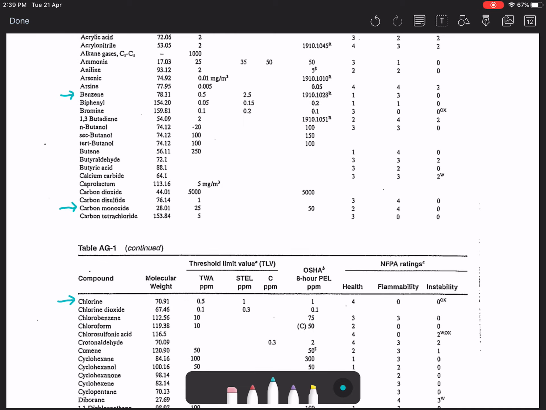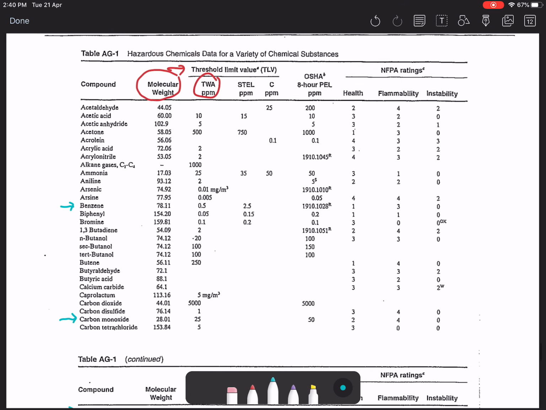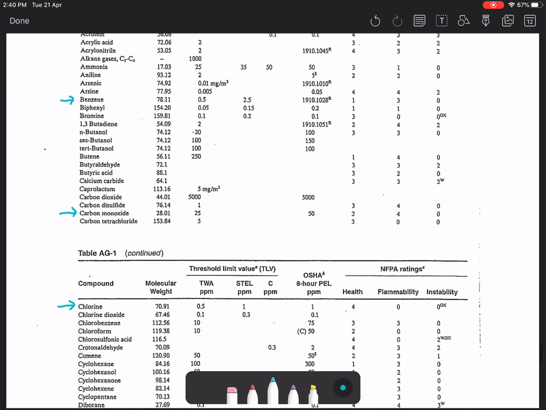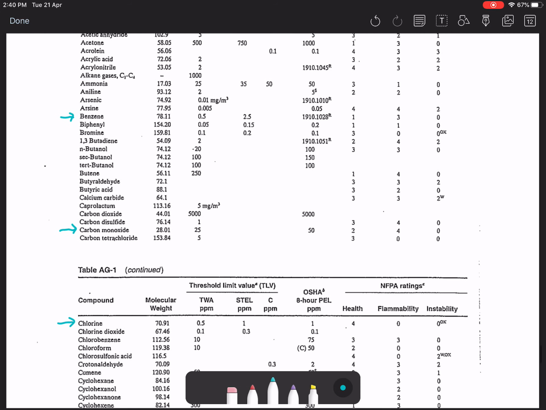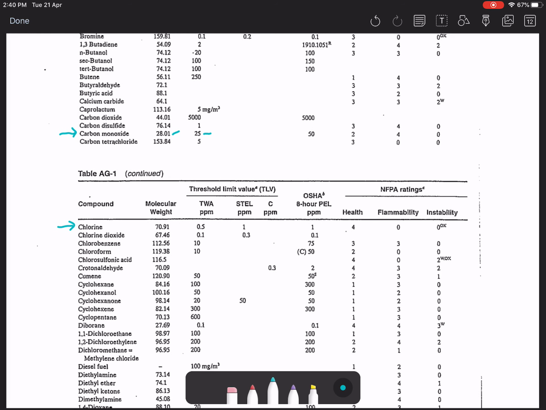So we need the molecular weight, 78.11 for benzene, and the TLV TWA is 0.5. And carbon monoxide, the molecular weight is 28.01, and this is the TLV TWA. Let me just point it out so that we know these are the values we look at. So molecular weight for chlorine is 70.91 and TWA is 0.5 ppm.